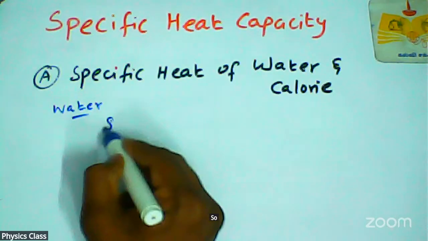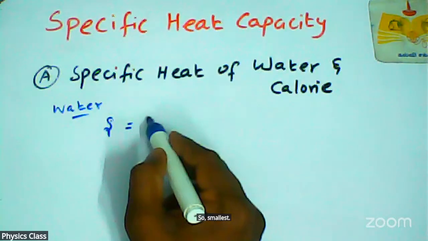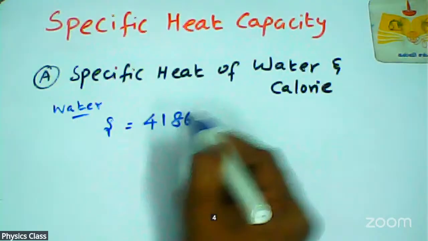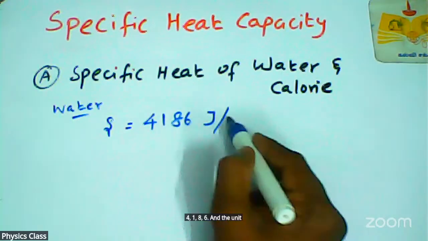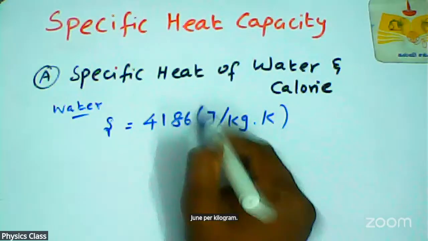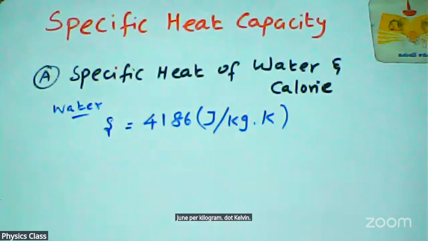The small s value for water is 4186 joule per kilogram Kelvin. Very important: the specific heat capacity of water is 4186 joule per kilogram Kelvin.